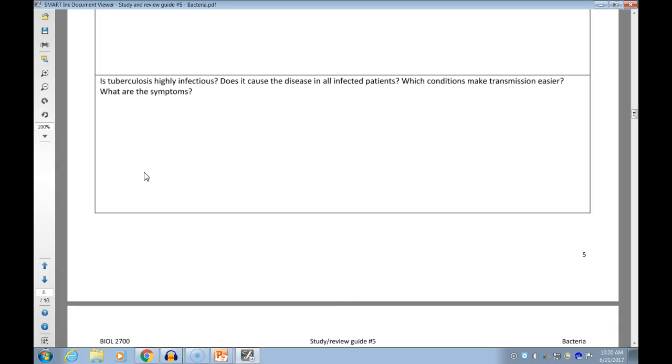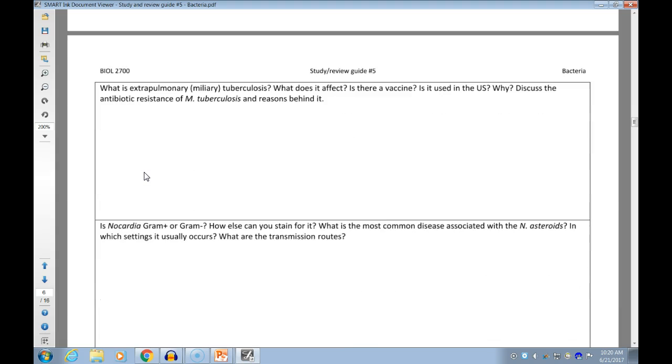There are no GI symptoms associated. It's respiratory. Fatigue, night sweats, cough. Extrapulmonary, miliary tuberculosis: tuberculosis outside of the lungs. What does it affect? Practically everything, from the heart to bones to kidneys to the brain.